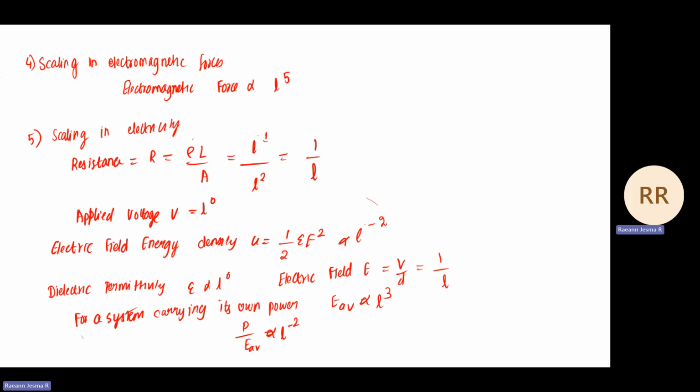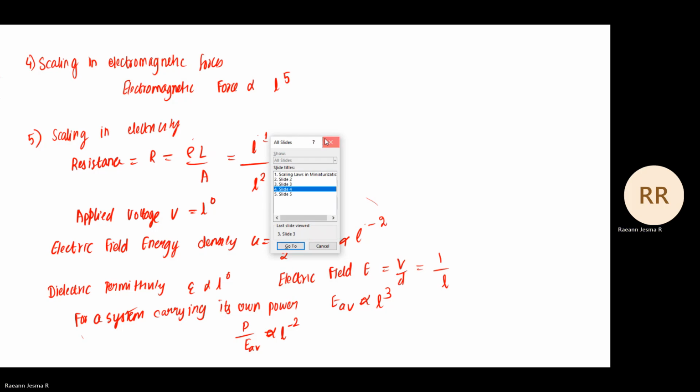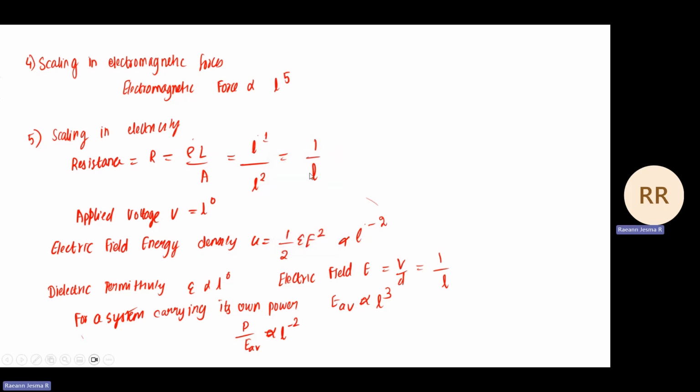So these are some of the examples. Like that, we can also find scaling laws related to fluid mechanics, heat transfer, and so on, which are some of the domains used in micron scale devices. So when we make a micron scale device for a particular application, we have to consider the scaling effects.